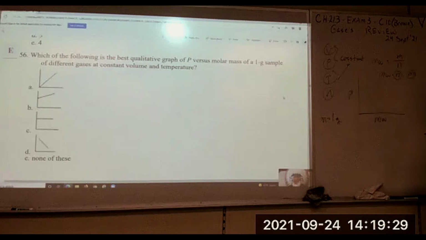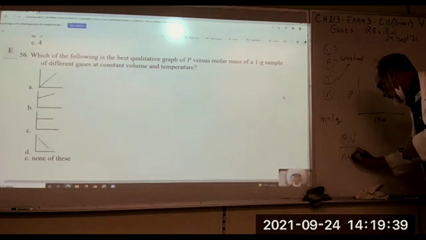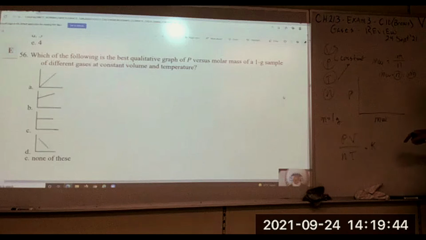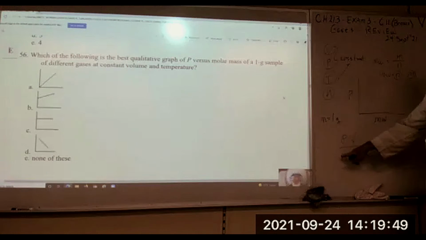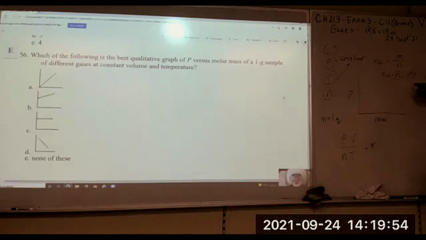And what relationship is moles to pressure? Look at it this way. PV equals nRT, your combined gas law. They're directly related. If pressure goes up, moles has to go up. If pressure goes down, moles has to go down. So the variable here is molecular weight against moles.